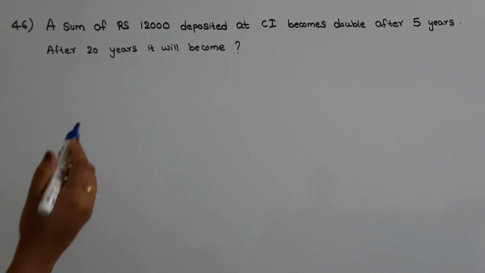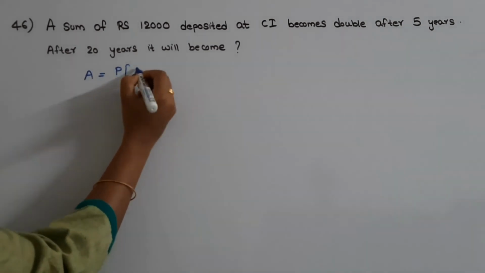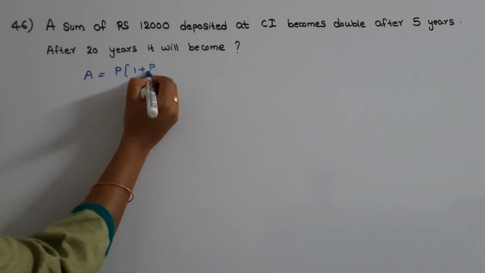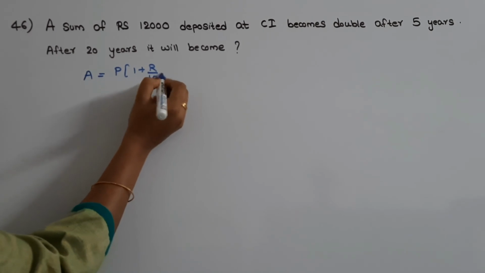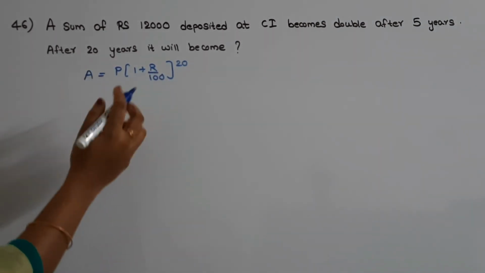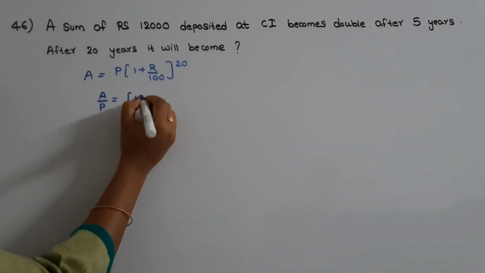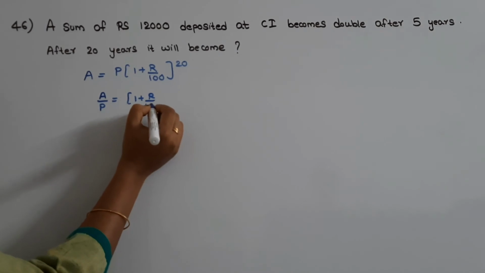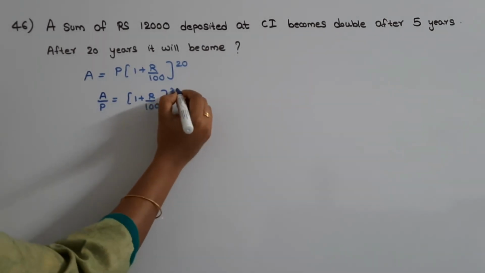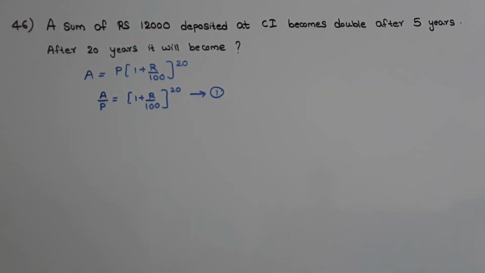So the n value will be equal to 20, or we can write this as A by P is equal to (1 plus r by 100) whole raised to 20. Let us consider this as the first equation.